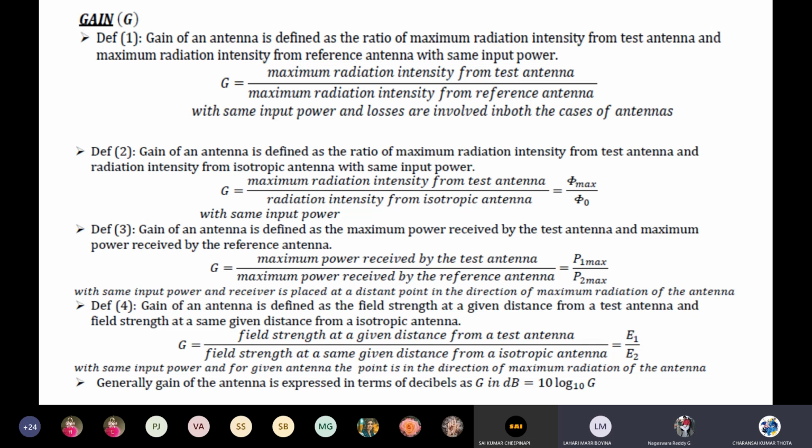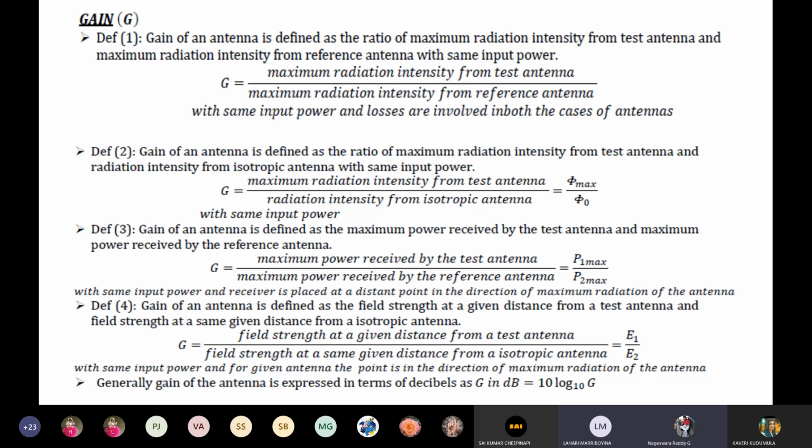Definition 4, gain of antenna. What is meant by gain? Gain, efficiency: what is the general definition of gain? Gain is output by input. So gain and efficiency are the same. Gain of an antenna is defined as the field strength at a given distance from a test antenna and the field strength at the same given distance from the isotropic antenna.